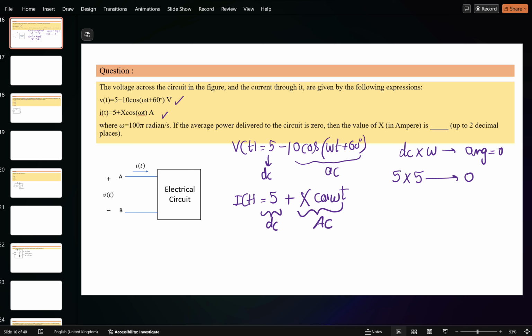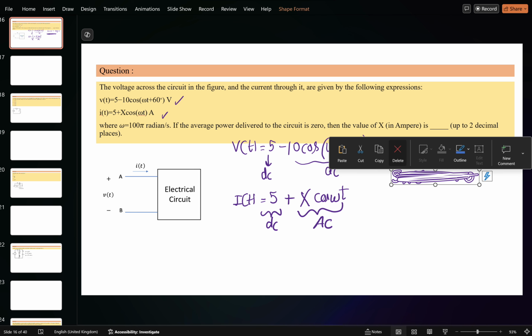Sorry, the DC term will exist, okay? DC multiplied by DC will not be equal to 0. And one term will be 5 multiplied by x cos omega t. Its average will become 0.